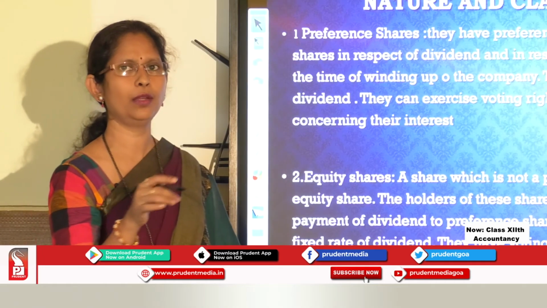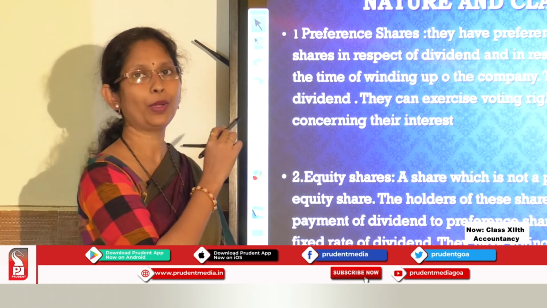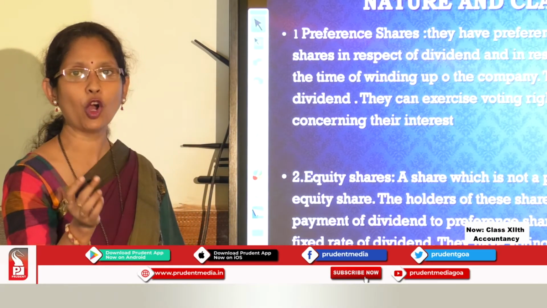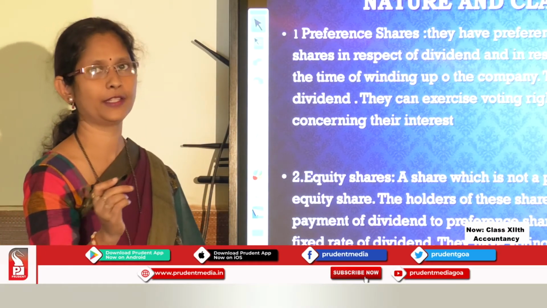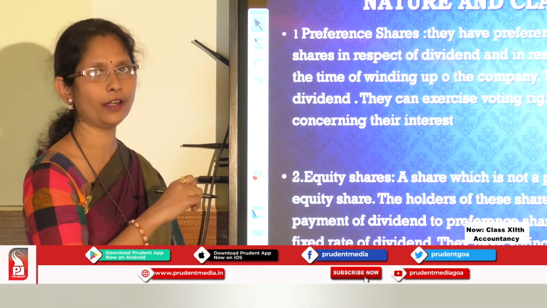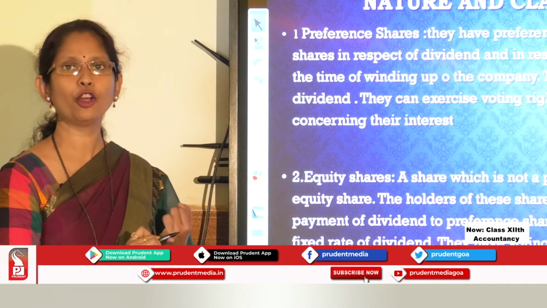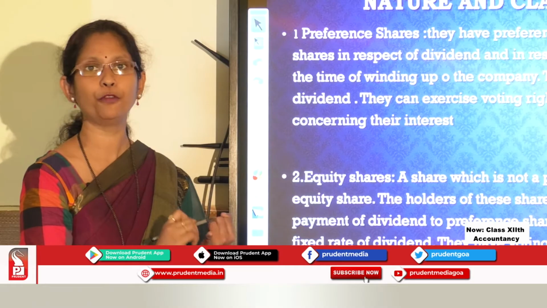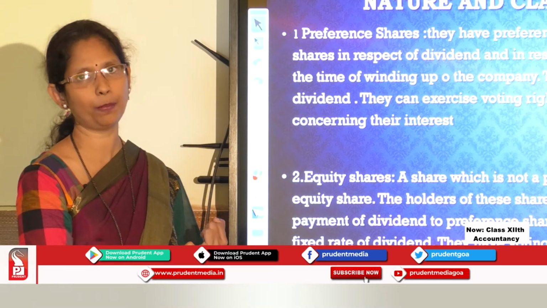Now let us understand what are preference shares. Preference shares means the holders of these shares have got preferential rights. Now what are these preferential rights? First one, in payment of dividend. That means they will be paid their dividend before the equity shareholders are paid.